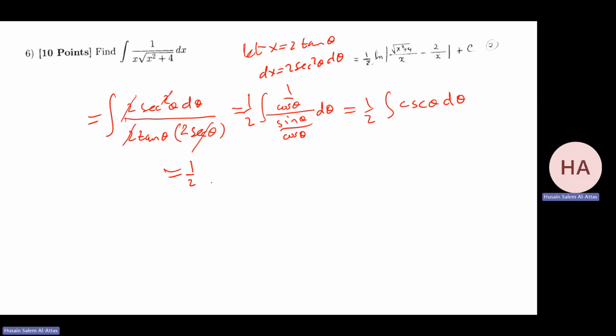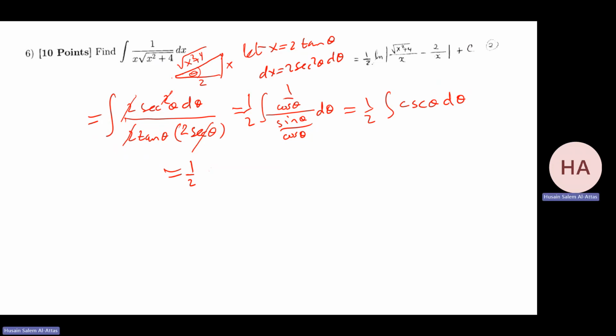I have the triangle. This is my triangle. This is theta. That will be x over 2, and this is square root of x squared plus 4.